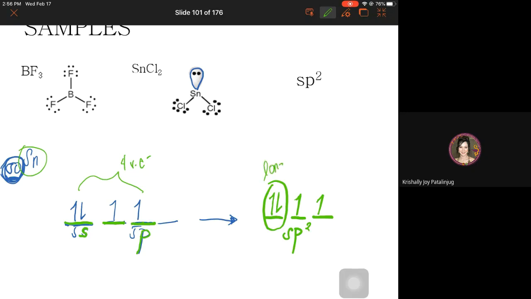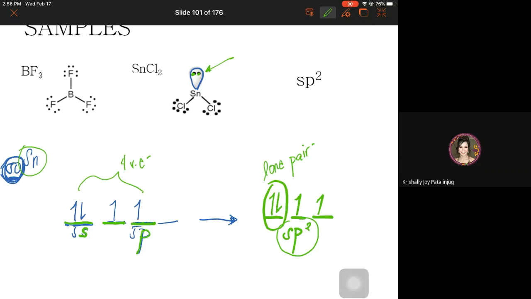This is the lone pair we see here. This partner electron resides in one of the sp2 orbitals of tin.